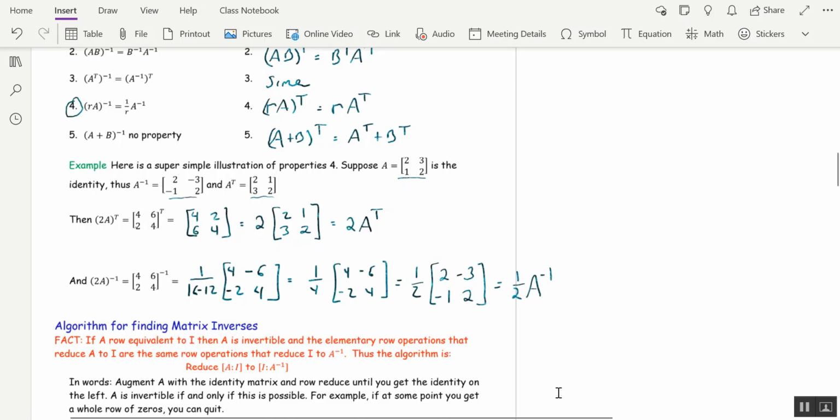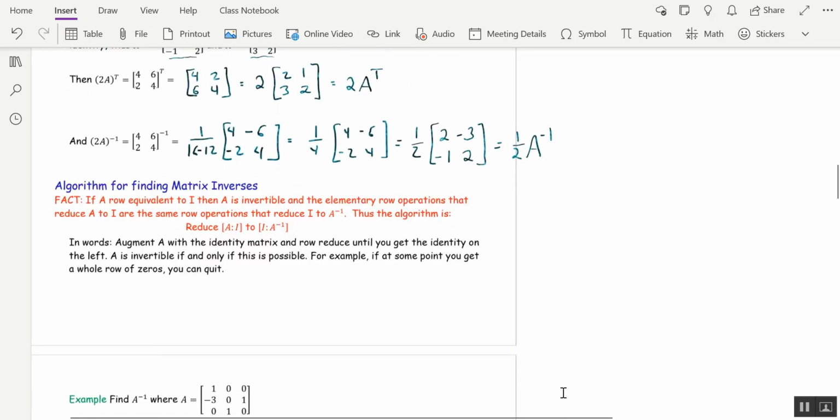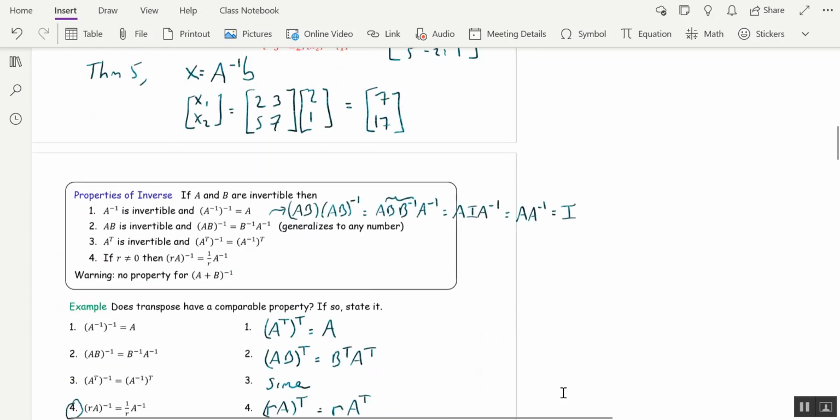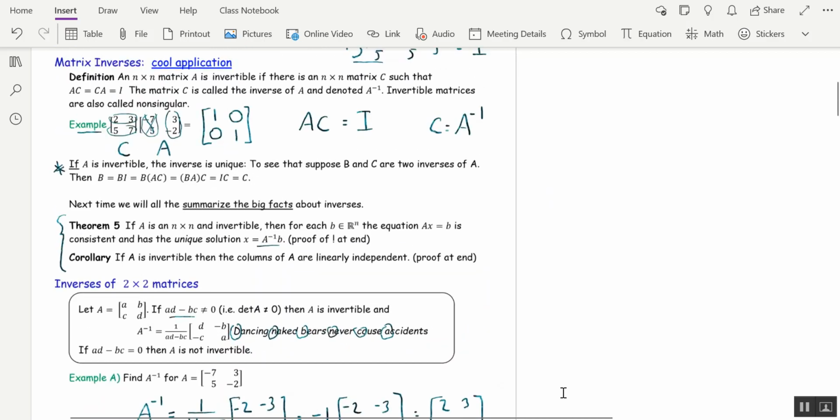Okay, the algorithm Dancing Naked Bears for finding an inverse only works for 2x2 matrices. So what do you do if you have a 3x3 or a 4x4? By the way, one important thing I forgot to mention at the top, but it is written down. You can only talk about invertible matrices for square matrices. Only square matrices will have inverses.